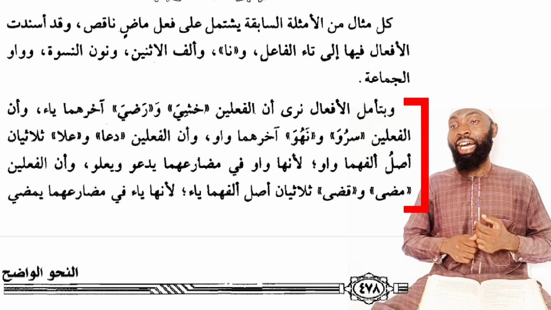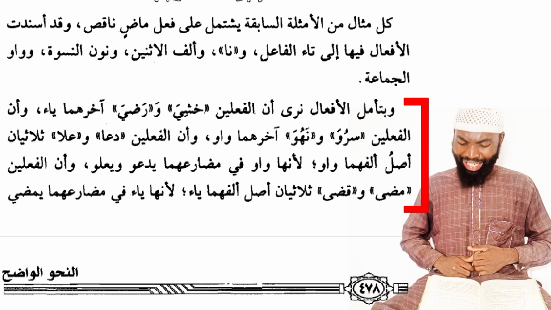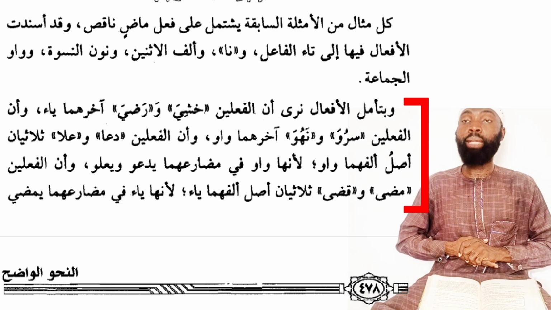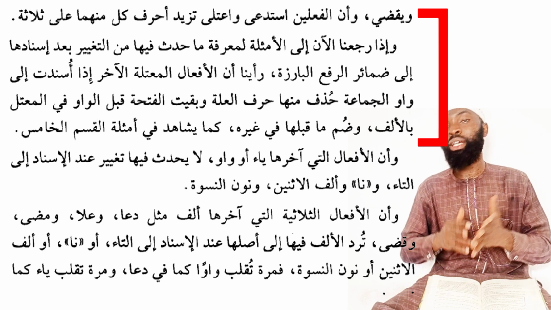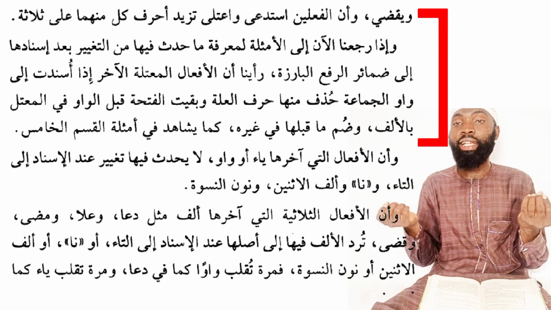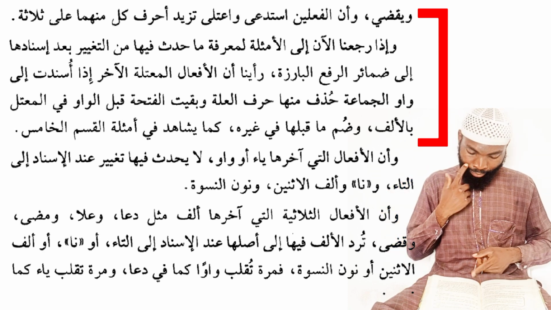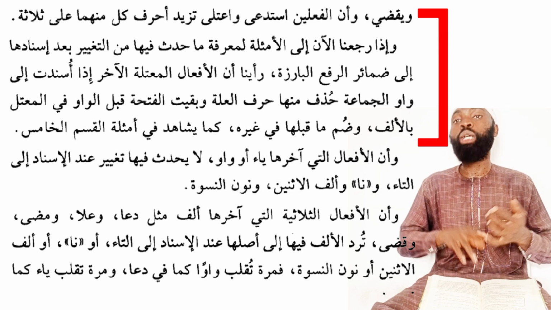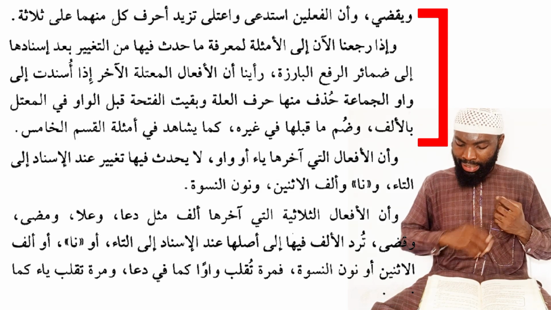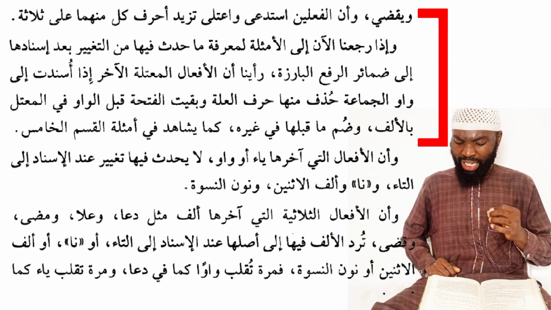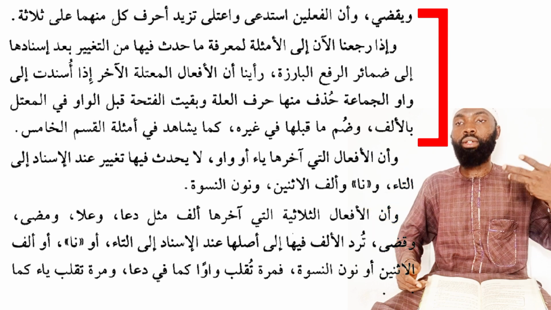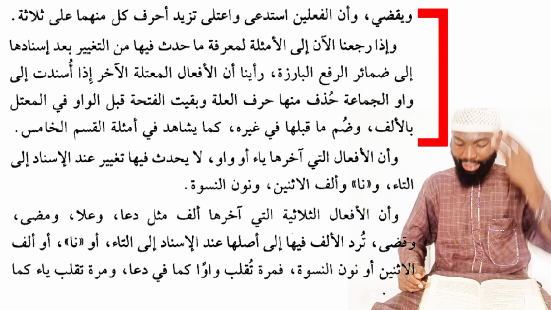The origin of their alif is ya, because in their present tense form, يَمْضِي and يَقْضِي, you can see that the alif is changed to ya. As for the last example, the word istad'a and the word i'tala, each of them has an addition over their three letters.